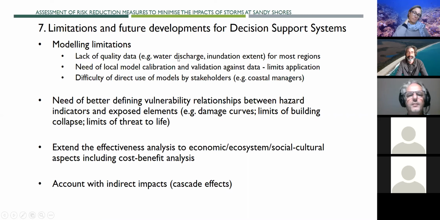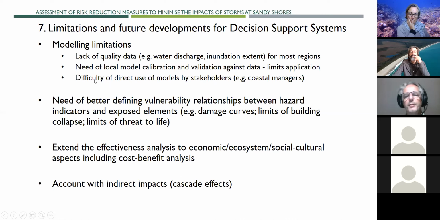Inundation extents, for instance, and the amount of shoreline retreat induced by storms. And this is quite important because these models, and particularly in this case XBeach, need local model calibration and validation against data. If you don't have these, the application is limited. We do need to calibrate and validate our models for each area in order to be sure that our results are true or near to reality.